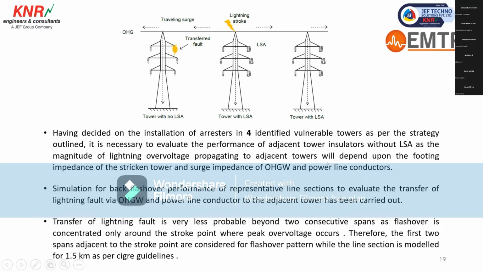So having decided the 4 identified towers as per strategy, it is necessary to evaluate the performance of the adjacent towers without LSA. Suppose we are selecting this center tower as a vulnerable tower, and if we are going for an LSA installation, we need to analyze the performance of the adjacent towers in relation to LSA installation, because we have now installed LSA in this tower.